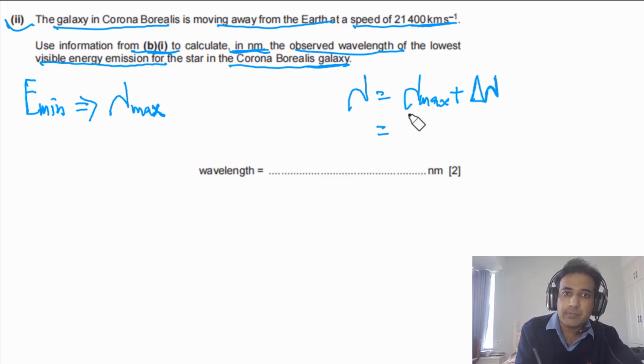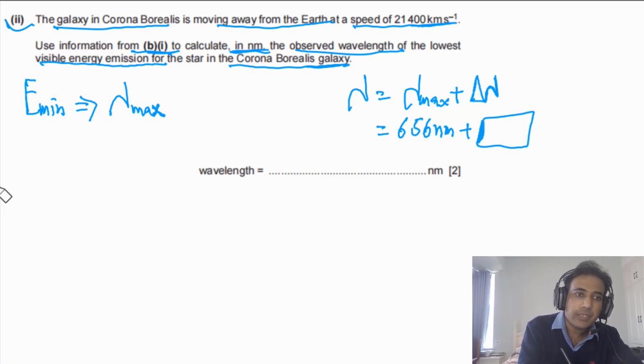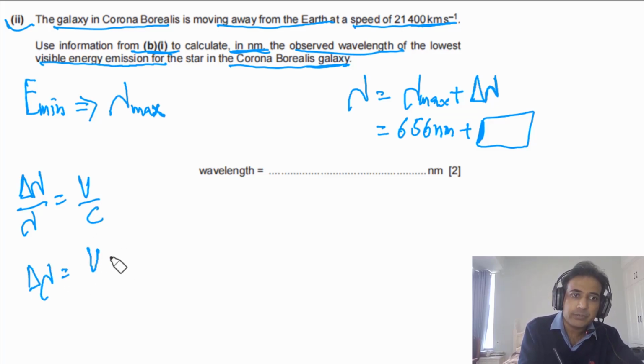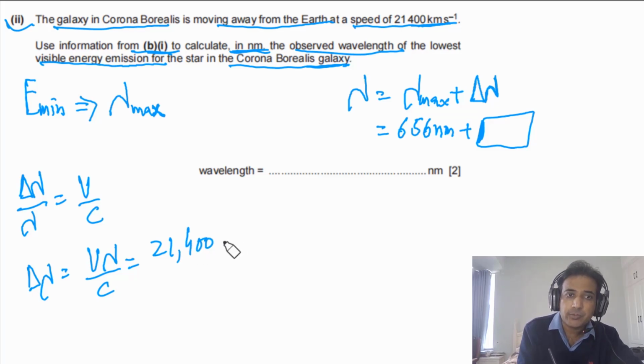Lambda max from part B1 was equal to 656 nanometers plus delta lambda. So this value we need. Delta lambda we can simply calculate. Delta lambda over lambda is equal to v over c. Delta lambda will be equal to v times lambda divided by c. v is 21,400 kilometers per second.